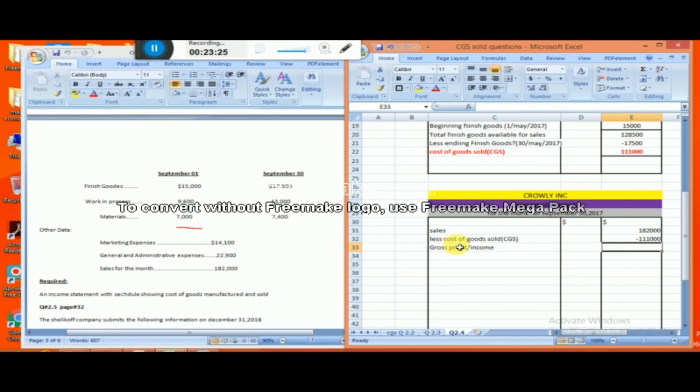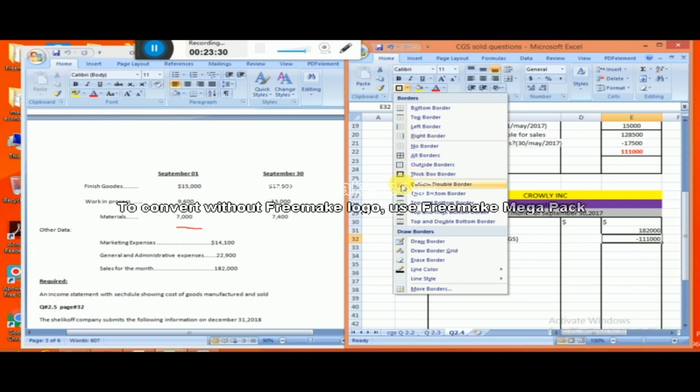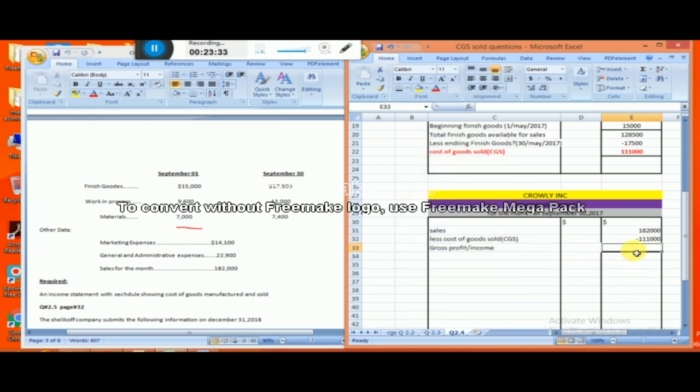How much is the gross income? We subtract the cost from the sales. The goods we sold for 1,82,000 had our own cost of 1,11,000. So $71,000, this is my gross profit, or gross income.